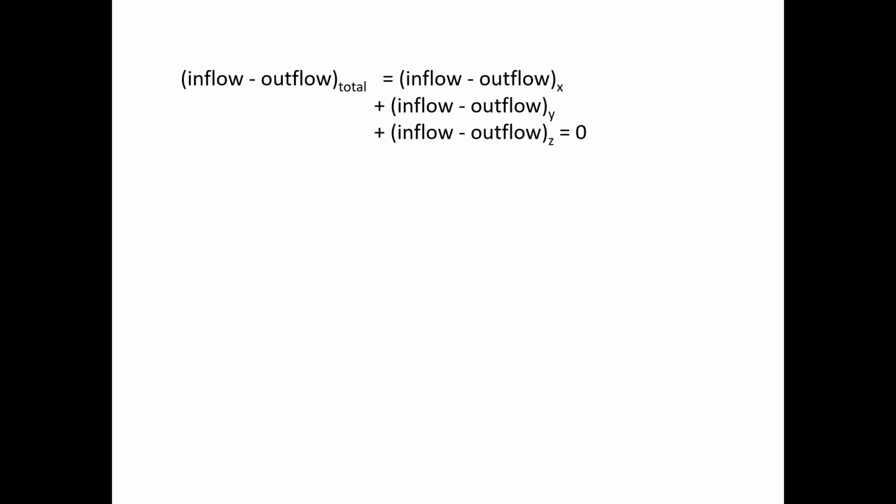Those all have to add up to 0, meaning that if there's any water that came in the x direction that didn't go out the x direction, it's going to have to be balanced somehow in the y and the z direction. So in the end, the total amount of water or mass flow going into that volume is completely balanced by the mass flow going out.